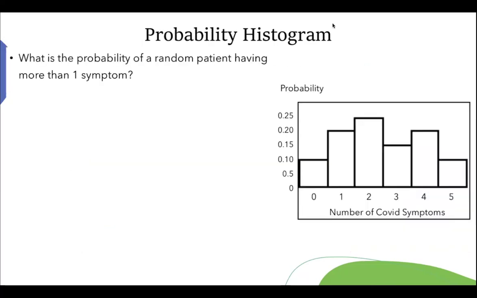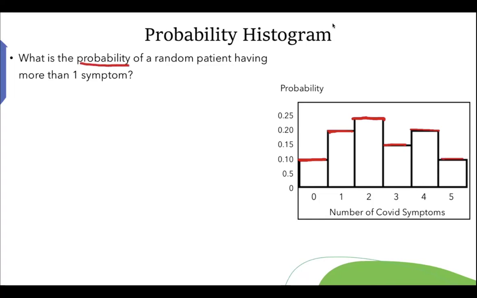So let's answer some questions by reading this histogram. Knowing that the height of each rectangle is the probability of the event happening, the height of the first rectangle is 0.10, then 0.20, then 0.25, 0.15, 0.20, and 0.10 again.